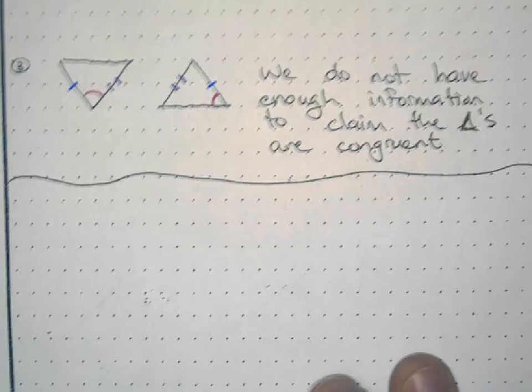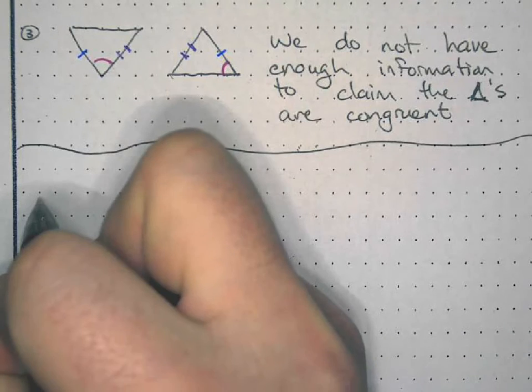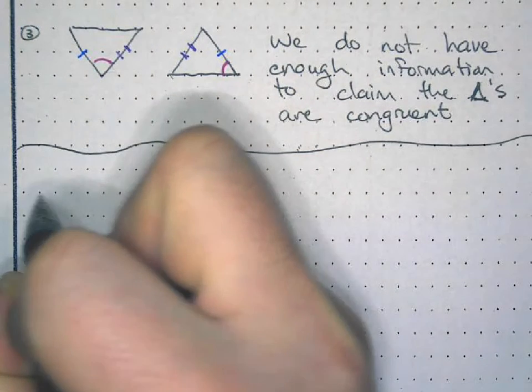Okay, so I'm going to do two examples where we have to identify the missing piece to say the triangles are congruent. So let's say we're looking at one like this.